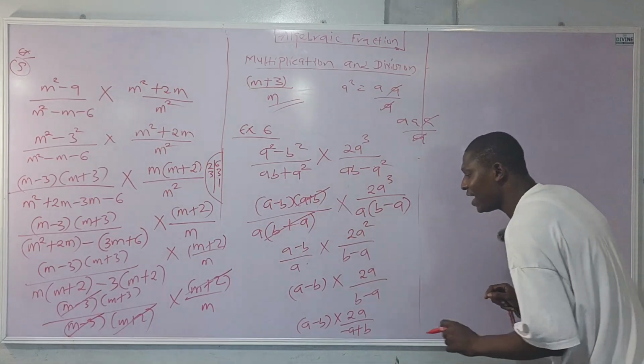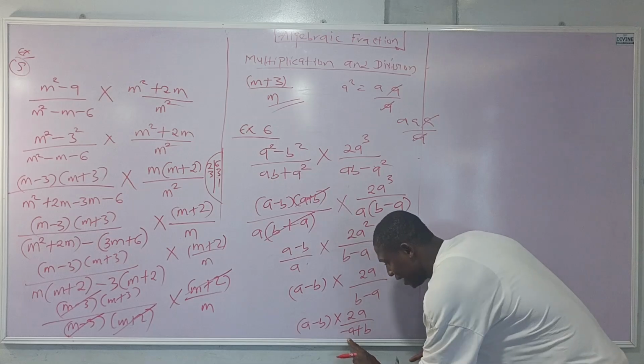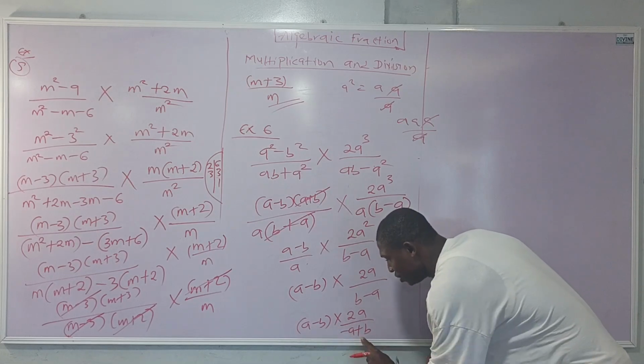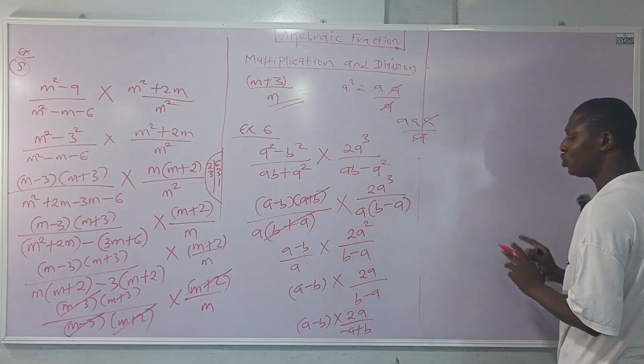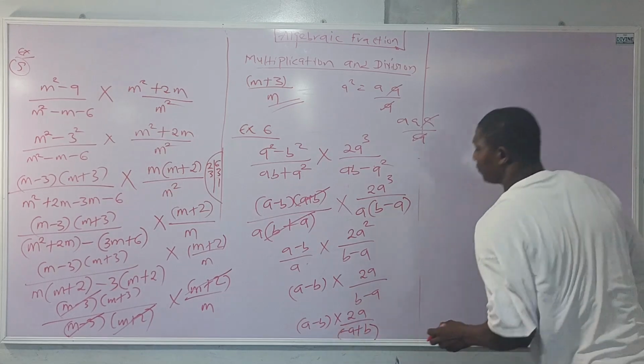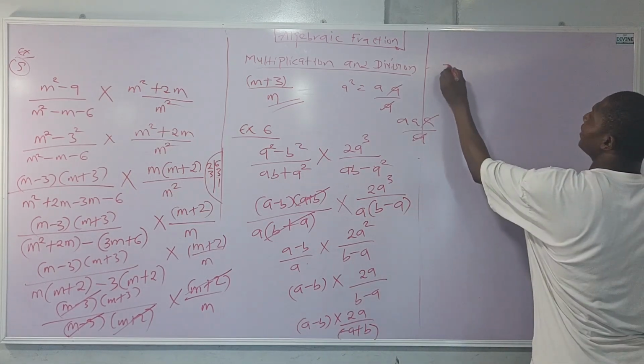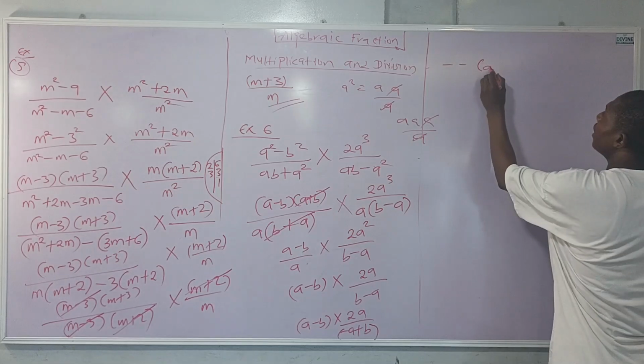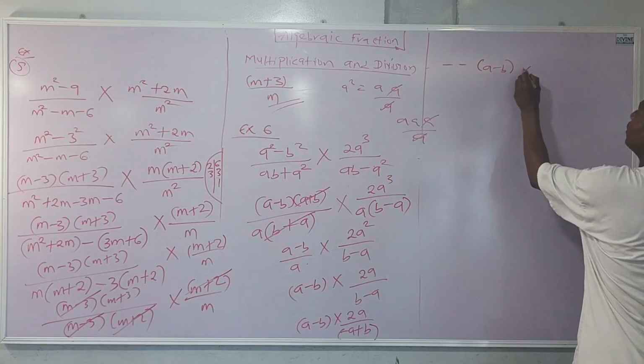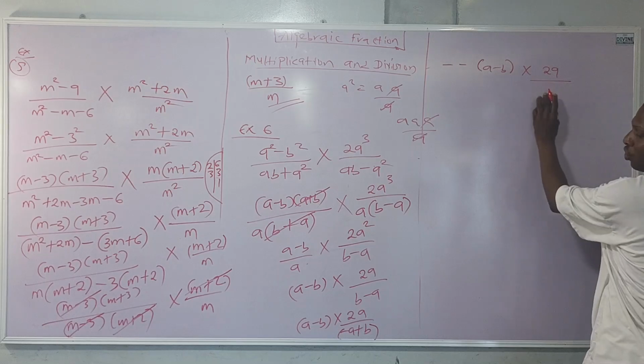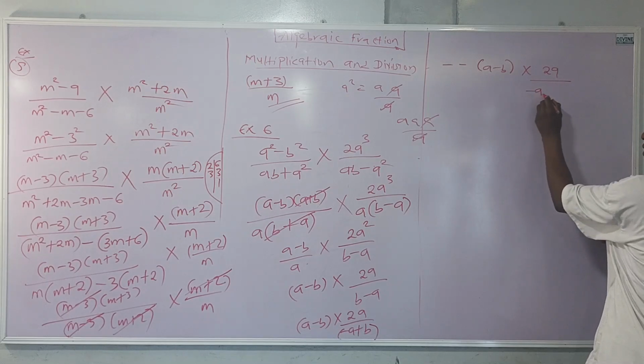So you observe now that when here is positive a, here is negative a, and when here is negative b, here is positive a. So we have to put two negative signs. So if I have negative brackets, a minus b times 2a all over minus a plus b.